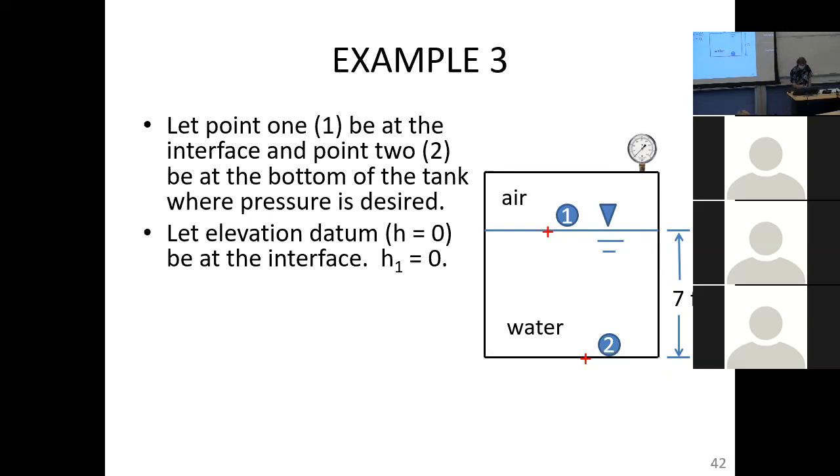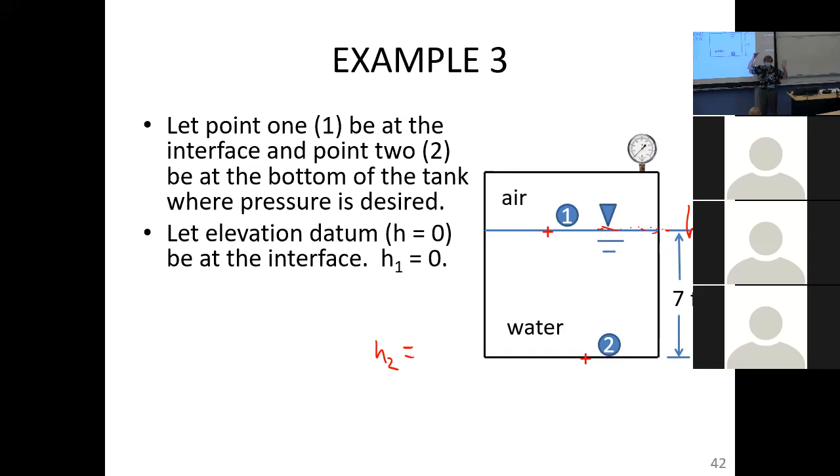The other thing we're going to do is, at the interface, we're going to say the elevation datum, h, is equal to 0 meters in this case. Always put units next to your numbers. H is going to be equal to 0 meters right at the surface. So if that's true, what's H2? Seven or minus 7?